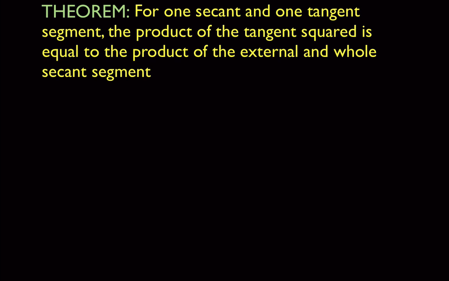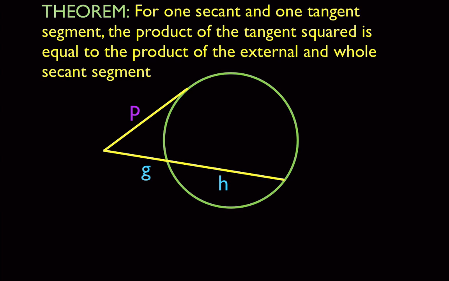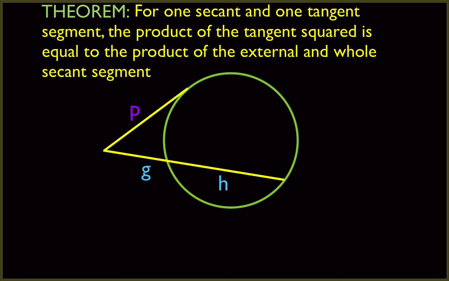Okay, what we're going to look at now is when we have one secant and one tangent. So instead of having two secants like we did in the last one, this is the same rule, it's just I actually think a little bit easier. So first, we have our outside.